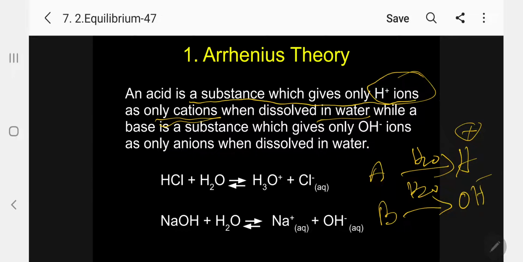A simple example: HCl. It combines with water as H3O plus, that means donating H plus, and Cl minus in solution. So it gives only H plus as cation.